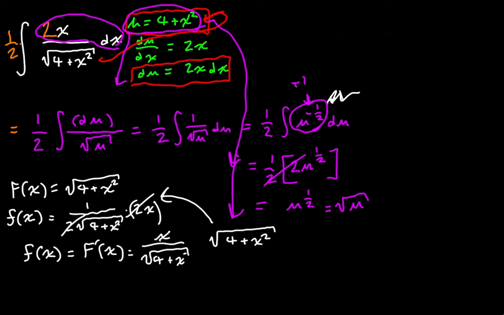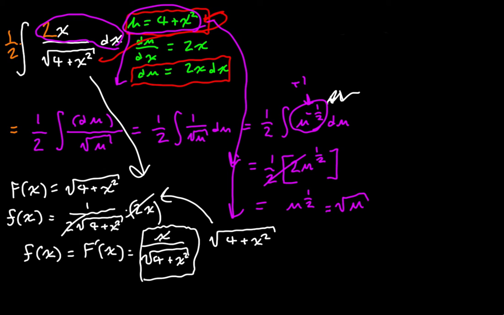If that's unclear, I recommend that you look at videos on the chain rule, because that's all we're doing here. This is just one quick way to show that we did indeed take the indefinite integral correctly, because when we take the derivative, which is another topic for other videos, we do indeed get the function that we began with, which indicates that we found the correct answer.